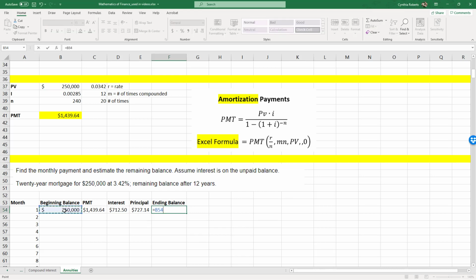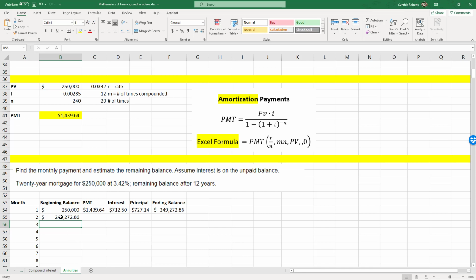So the beginning balance minus my principal. And so now I can see after the first month, not a whole lot paid, right? Because you're paying a lot in interest. So I need this to wrap around, meaning that my beginning balance for month 2 will be what my ending balance was at the end of that month.